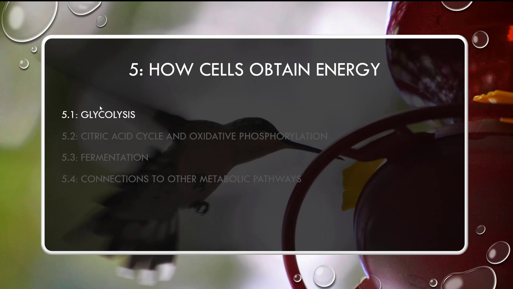The first segment we're going to talk about in this video, glycolysis, and then the second section is going to cover the other two parts of cellular respiration, which occur in the mitochondria, the citric acid cycle and oxidative phosphorylation. We're also going to learn about other ways that cells can obtain energy aside from cellular respiration. So we're going to learn about fermentation, which is another method that cells can basically bring together ATP. And then we're going to look at connections to other metabolic pathways.